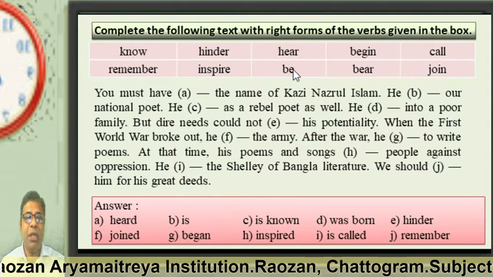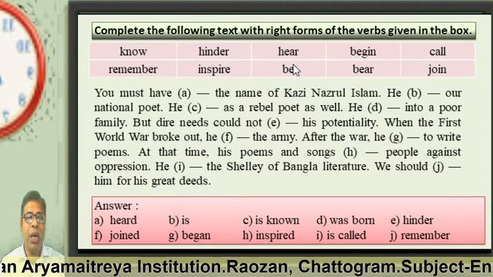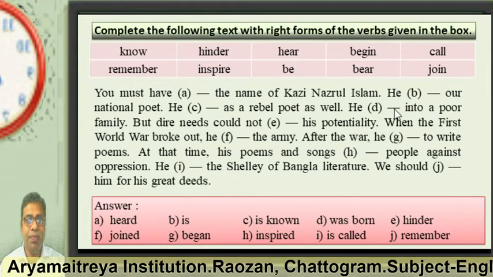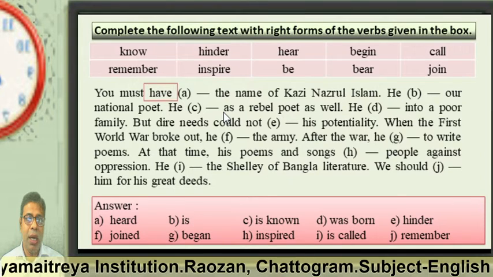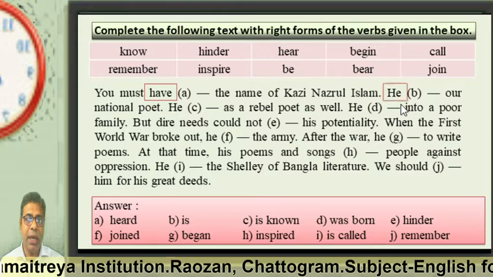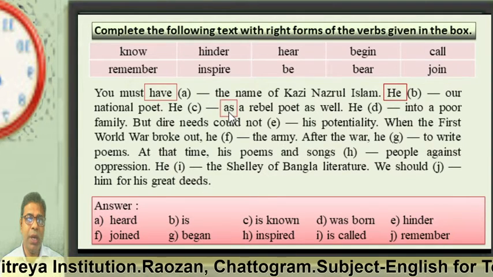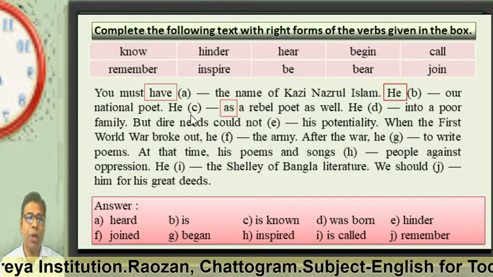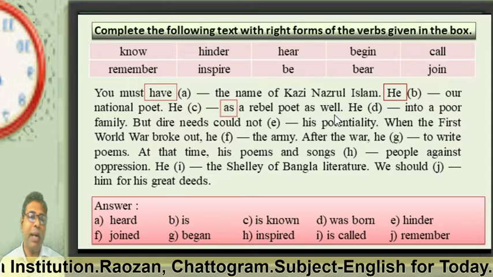Be verbs mean am, is, are in the present tense, was, were in the past tense, and been. Look at another one: he dash as a rebel poet as well.